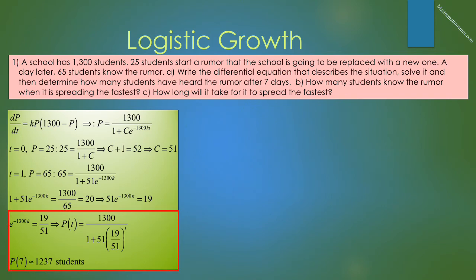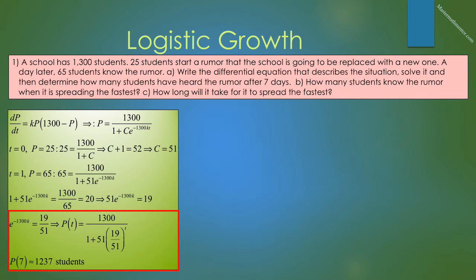We then divide both sides by 51 and get e to the negative 1,300 K equals 19 over 51. At this point, we could solve for K, but since our equation has an e to the negative 1,300 K in it, we simply substitute 19 over 51 for e to the negative 1,300 K, and we get P of t is equal to 1,300 over 1 plus 51 times 19 over 51 raised to the t power.